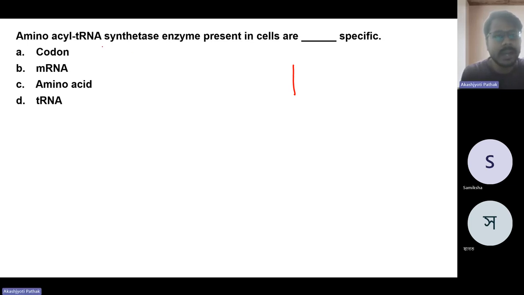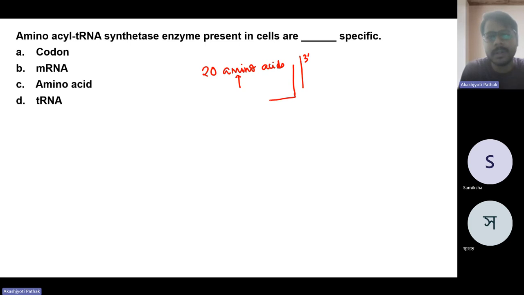So what are amino acid tRNA synthetases? There are basically 20 different amino acids, right? For each amino acid, there is a particular amino acid tRNA synthetase. As we were looking into the structure of tRNA, you need to add an amino acid at the 3' end of the tRNA.